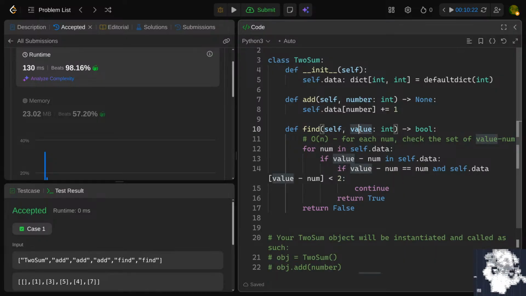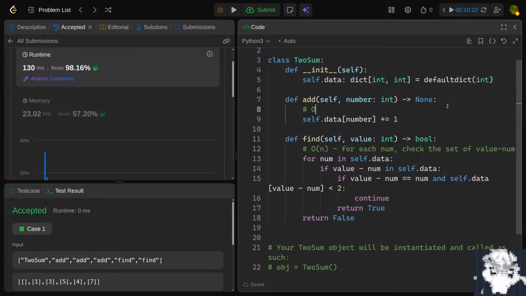So add is O of 1, obviously. I don't think there's a way to do better than O of n find unless you're pre-computing all of the possible things you could find when you add.